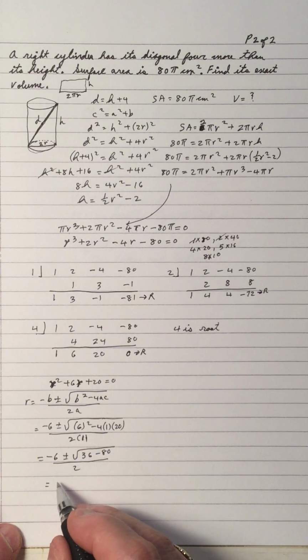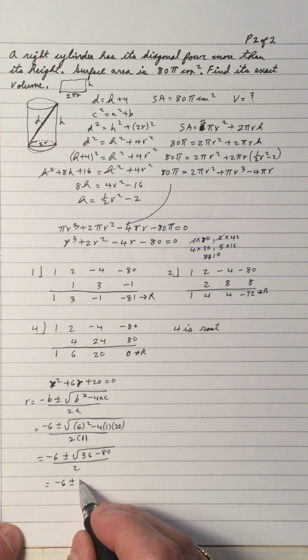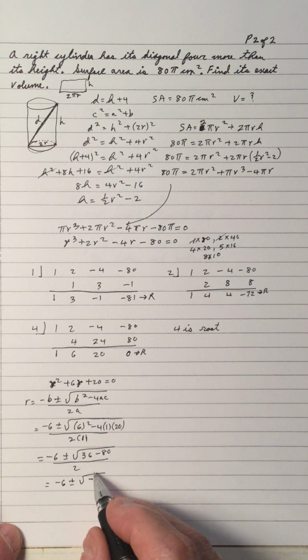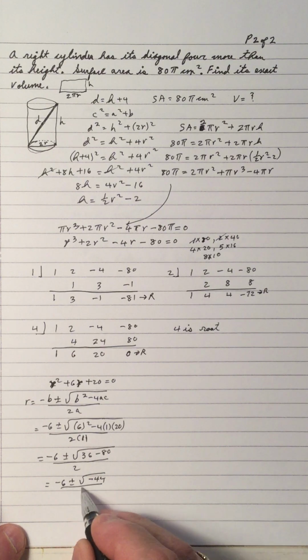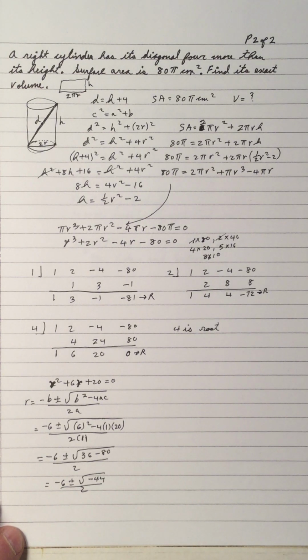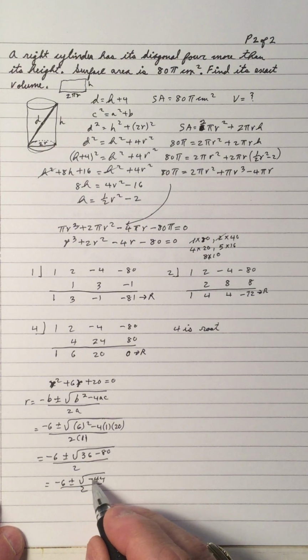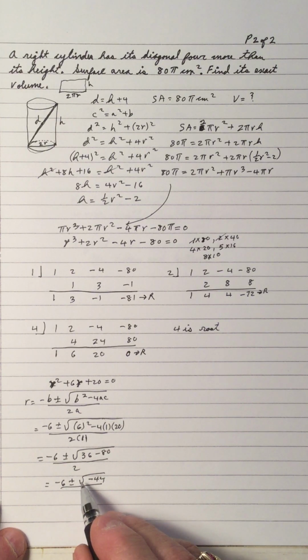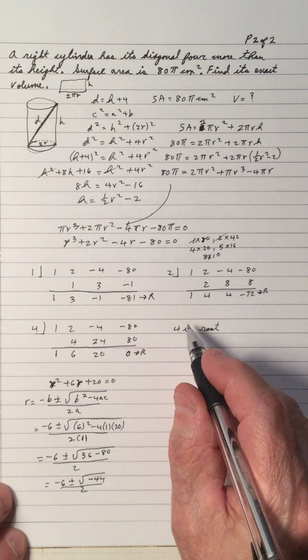And that becomes negative 6 plus or minus the root of a negative, 44, all over 2. And notice this is a negative number. That's an imaginary. So therefore there's no other real root. Because that's a negative, these will be imaginary roots. But we can only have 4 as a root.